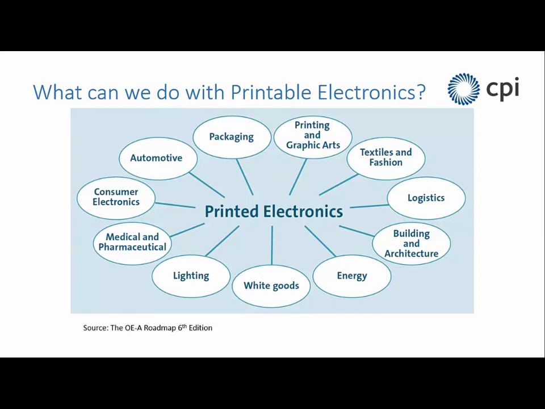Medical and pharmaceutical are very interested in this, largely in the logistics and packaging. Logistics is a very big one. You get a lot of interest in the idea of tagging every product that goes out of a factory, or before that, tagging every part of a product as it's going through production.